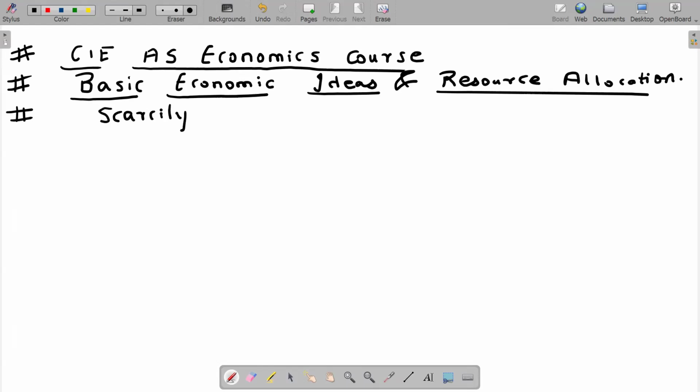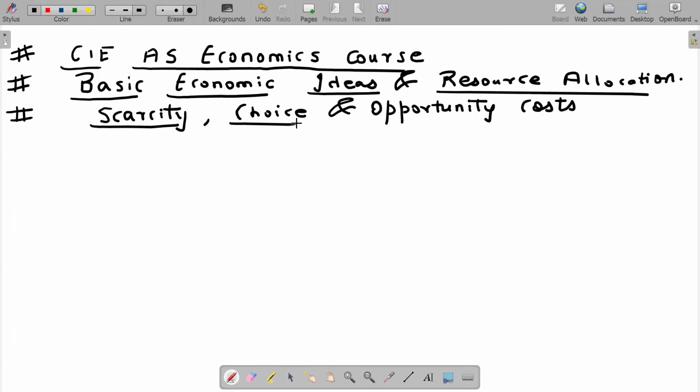This is the subtopic within basic economic ideas and resource allocation. I request students to make notes because they are going to be helpful in your revisions later. So let's talk about the fundamental economic problem.